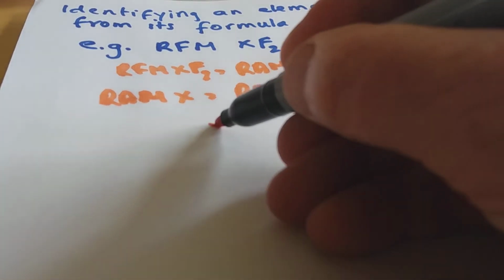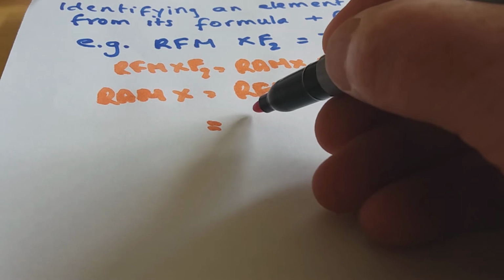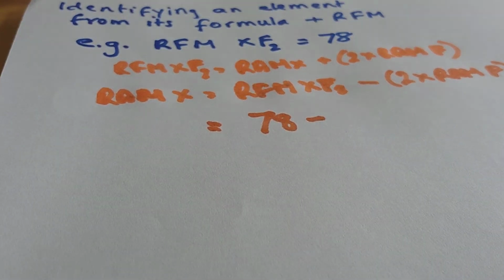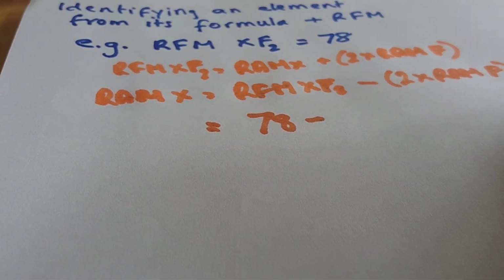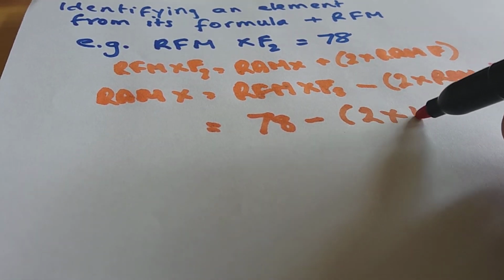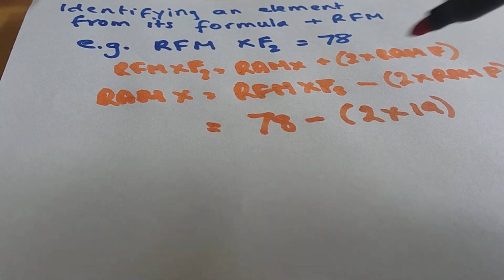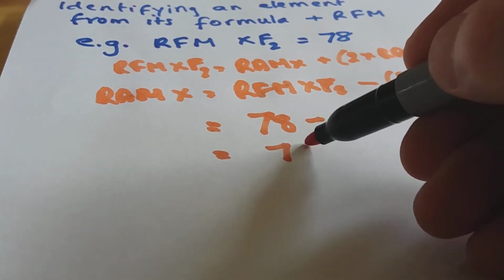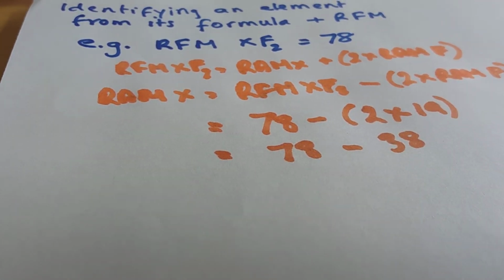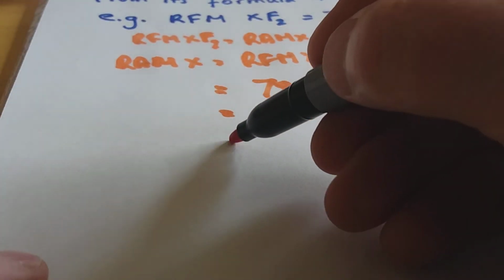So we're given the relative formula mass of XF2, which is 78. If we look up in the periodic table, the relative atomic mass of fluorine is 19, so 2 times 19. So that becomes 78 minus 38, which will equal 40.